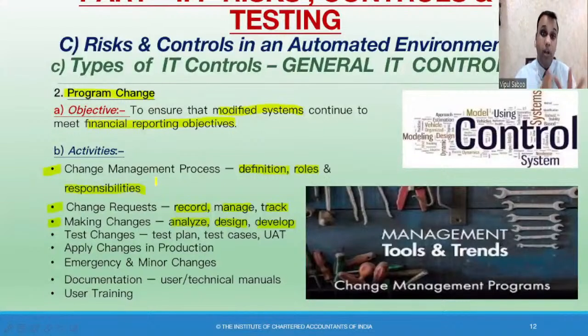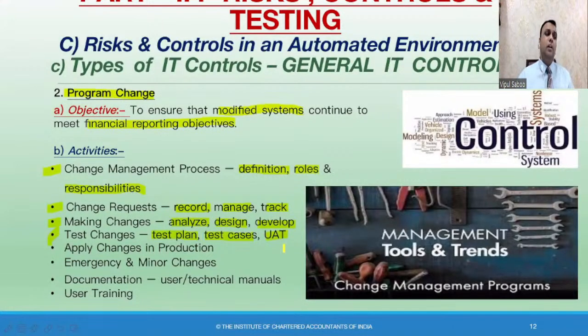The programs we are working upon in the organization, what changes we require to be made in those programs. We keep a track record of such requests. We make changes. Then we test such changes. We have a test plan. We test such case and then we apply it.